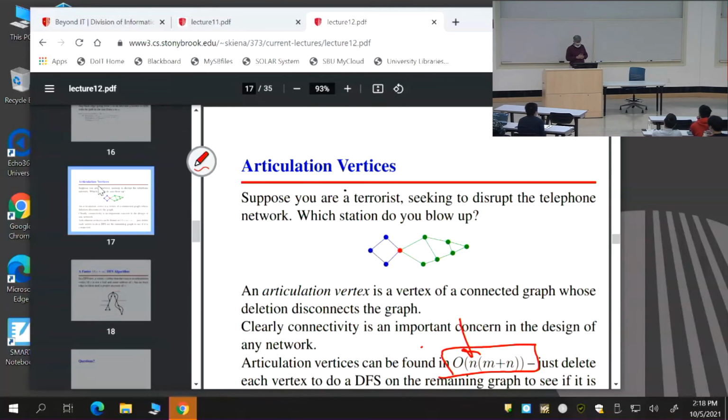But certainly in linear time, I can blow away one vertex. I can then do a search to see if there's one component. I can then put that vertex back and try again. It should be clear that I could find an articulation vertex in n traversals of the graph. And that would give me something like n times n plus m.